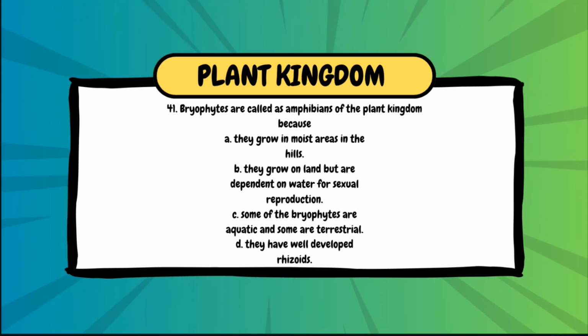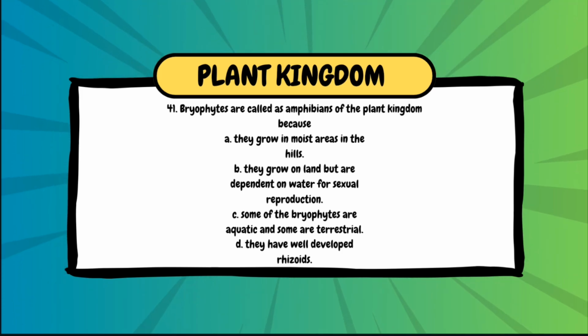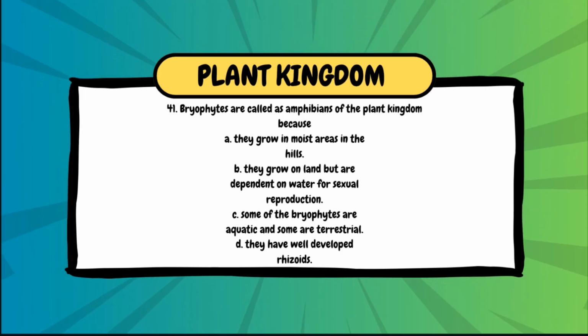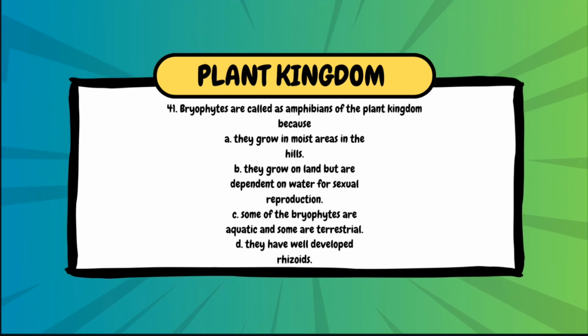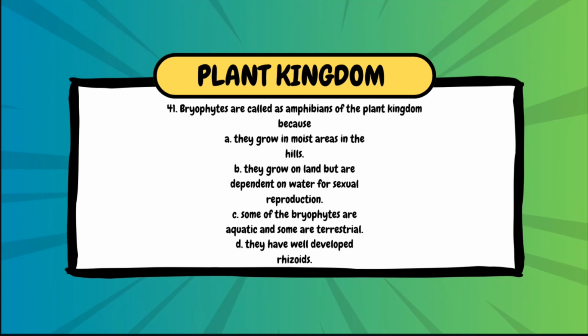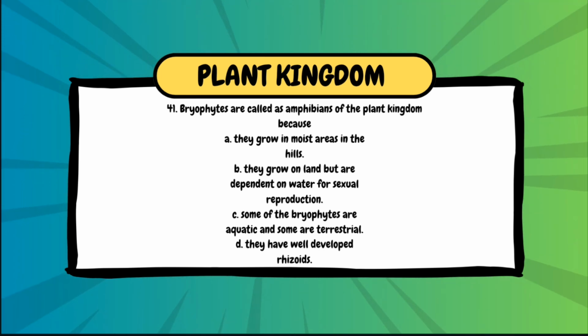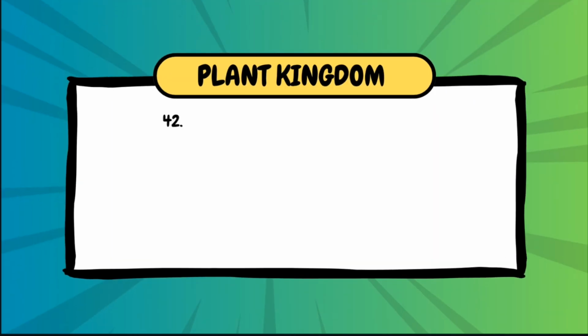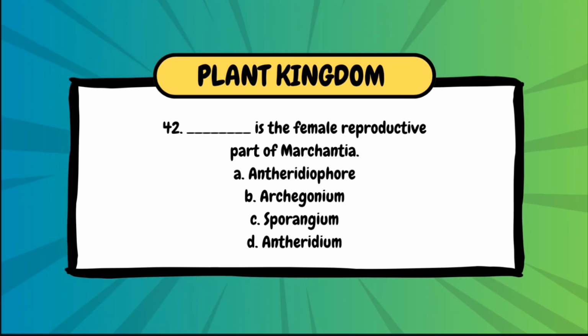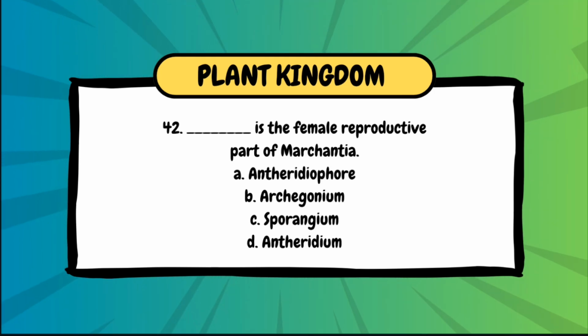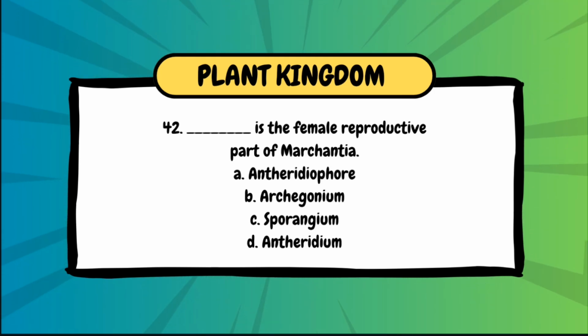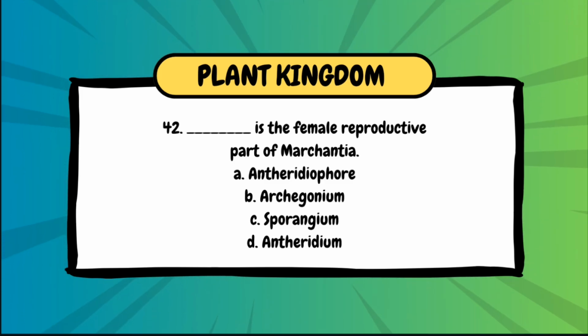B. They grow on land but are dependent on water for sexual reproduction. C. Some of the bryophytes are aquatic and some are terrestrial. D. They have well-developed rhizoids. 42. Blank is the female reproductive part of Marchantia. A. Antheridia. B. Archegonium. C. Sporangium. D. Antheridium.